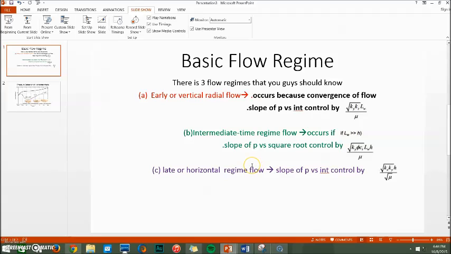For vertical wells, the radial flow is governed by the horizontal permeability. For a horizontal well, early radial flow is governed by the geometric mean of Kh and Kv, while late radial flow is governed by horizontal permeability only.